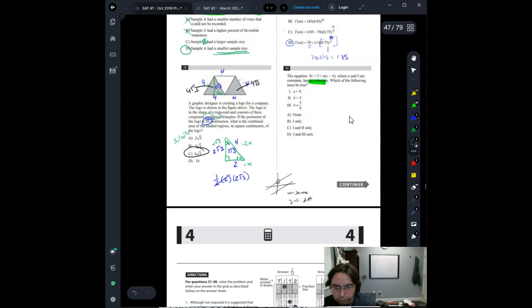So let's first distribute out, and what we'll end up with is 9x plus 5 equals ax plus ab. Well, if you notice here, the slopes must be the same, right? So a must be 9, and so that is indeed true.